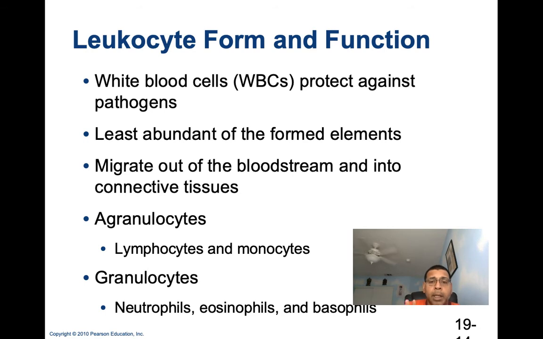Now, some characteristics here in relation to our white blood cells, the leukocytes, is first that they exhibit what we call diapedesis. They have the ability to slip out of the capillaries, our blood vessels.